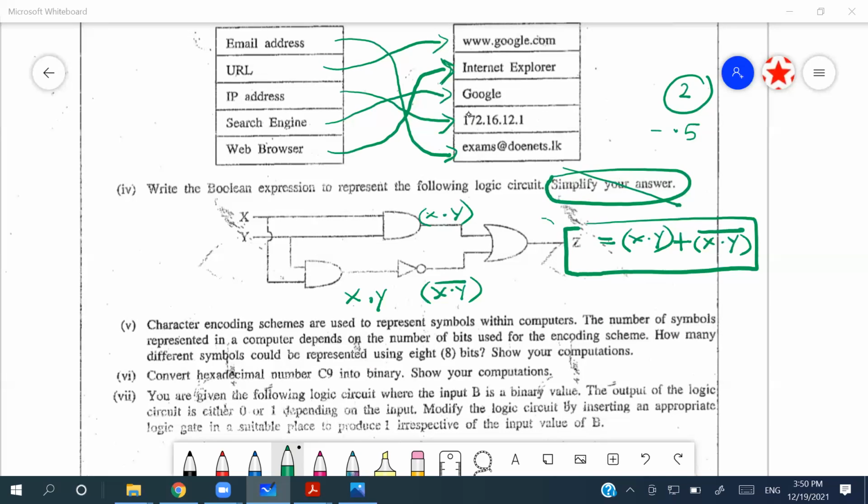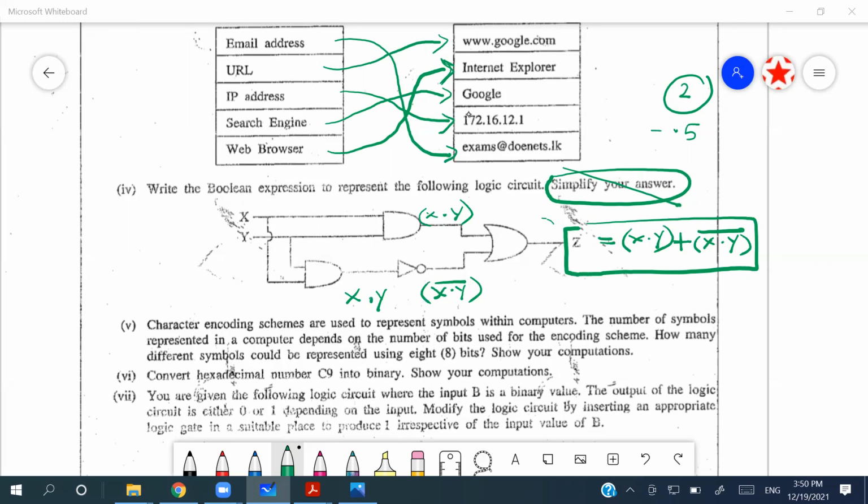The number of symbols represented in a computer depends on the number of bits used for the encoding scheme. How many different symbols could be represented using 8 bits? Show your computations. Seran, it's okay to have brackets. If you put brackets, no worries over here. Even if you don't have the brackets, still it won't do any harm. It's better you have the brackets anyway.